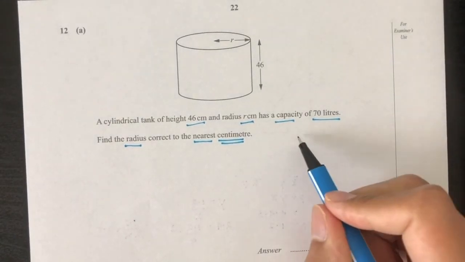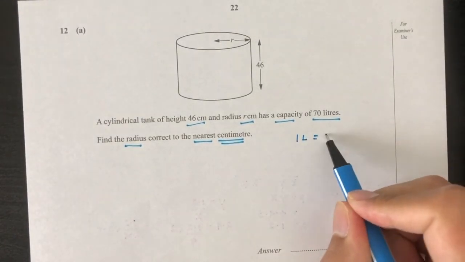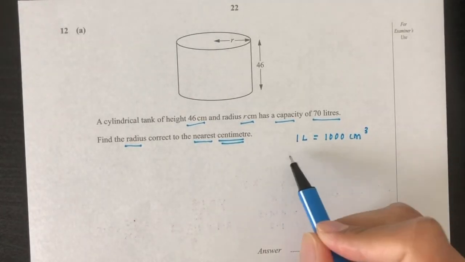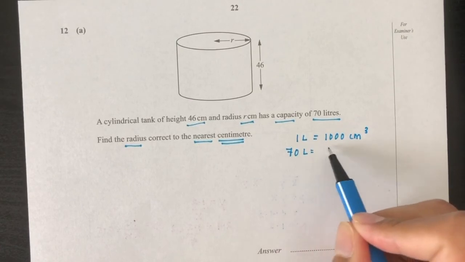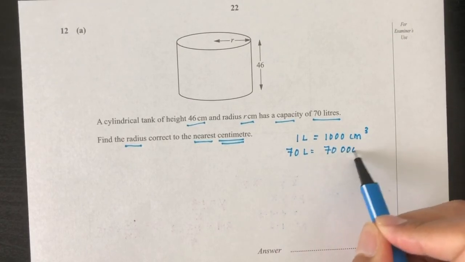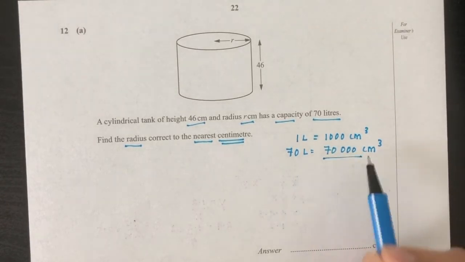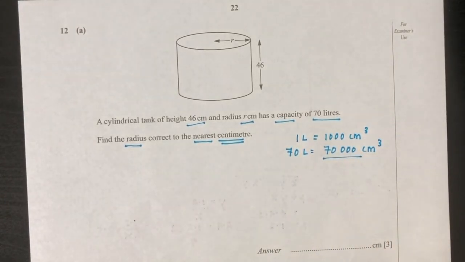As you must know, 1 liter is equal to 1000 centimeters cubed. Now 70 liters will be 70,000 centimeters cubed. So we have to use this to find the radius correct to the nearest centimeter.